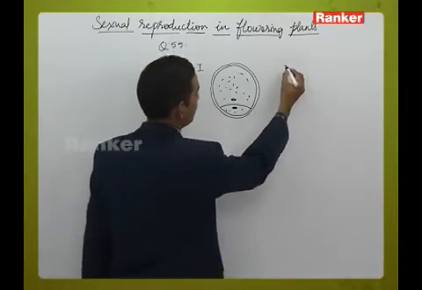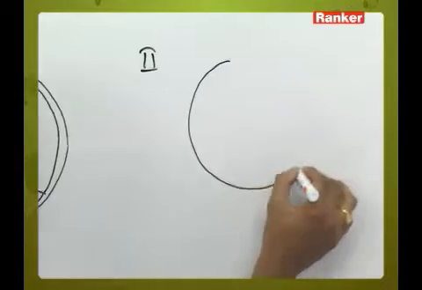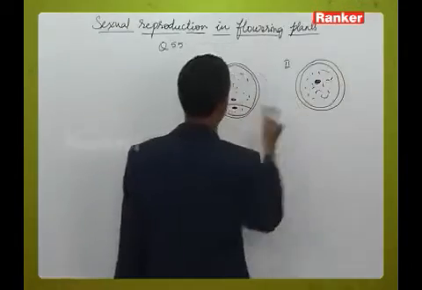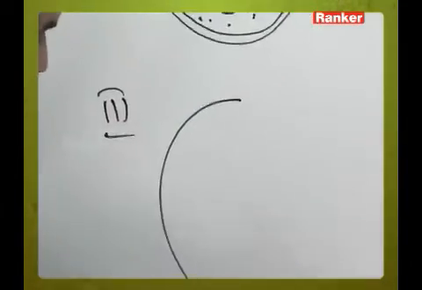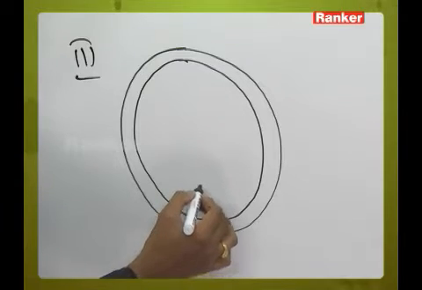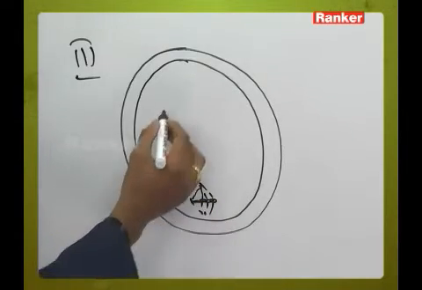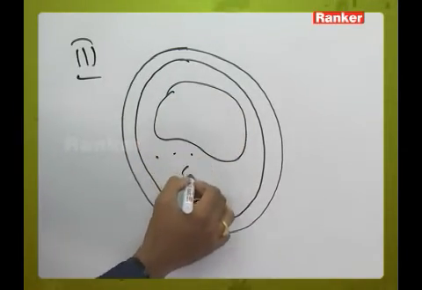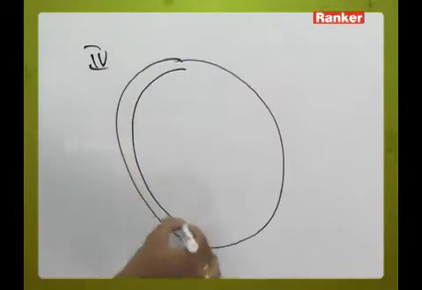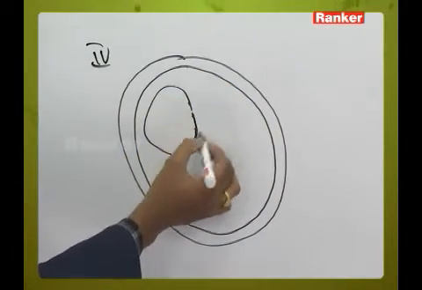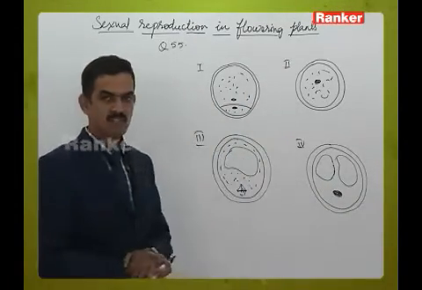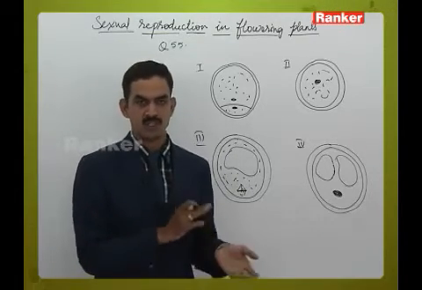This is 1 and 2, which is having this type of representation here. Three, and 4.